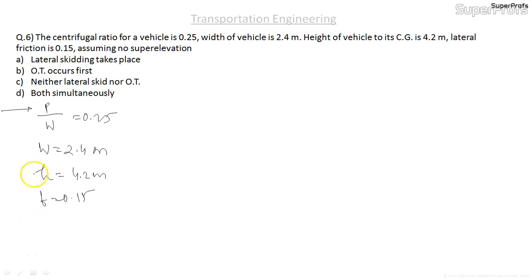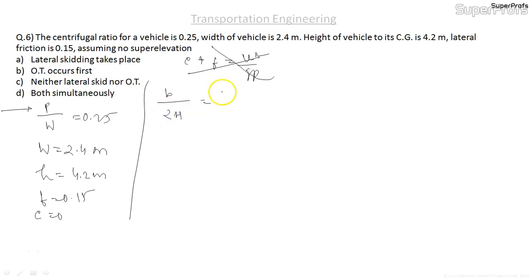So since the super elevation is given to be 0, we don't need this formula. So in this case, B by 2H is equal to 2.4 by 2 into 4.2 equal to 0.28, and the F value is equal to 0.15.